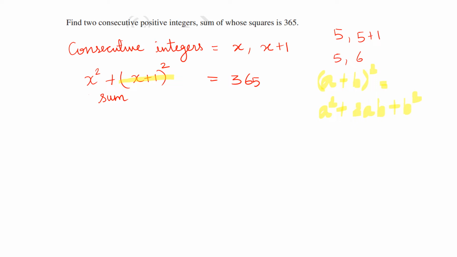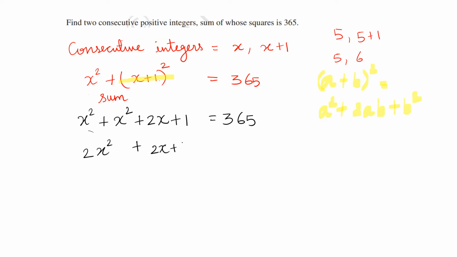Okay. Now, what I will get: x square plus 2ab, 2 into x into 1, 2x, plus 1 square is 1, equal to 365. x square plus x square will become 2x square plus 2x plus 1 minus 365 equal to 0.